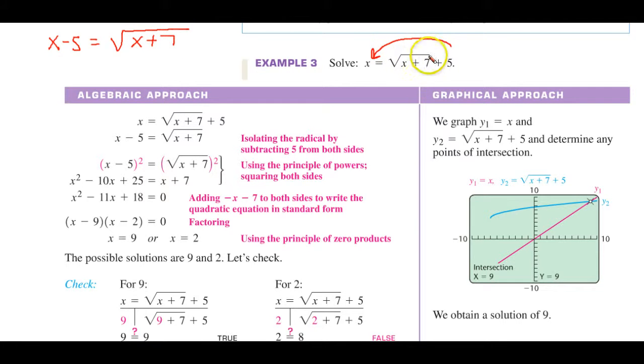We have isolated the radical, bringing this over to the other side. Now, we want to get rid of the radical sign, which has a 2 there. So we're going to square this, and we square this. Now, a little shortcut here: squaring anything that has the same index number as our exponent just gives us the radicand.